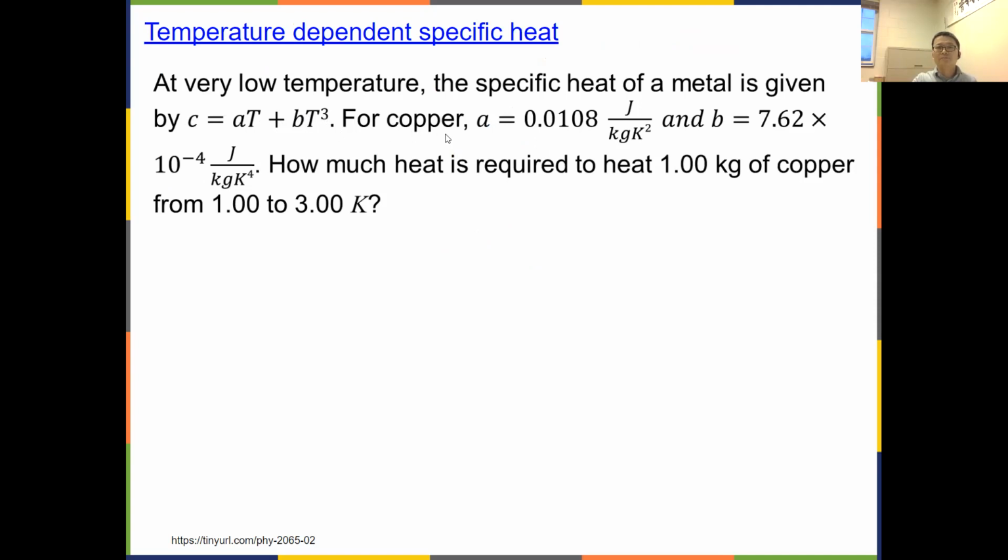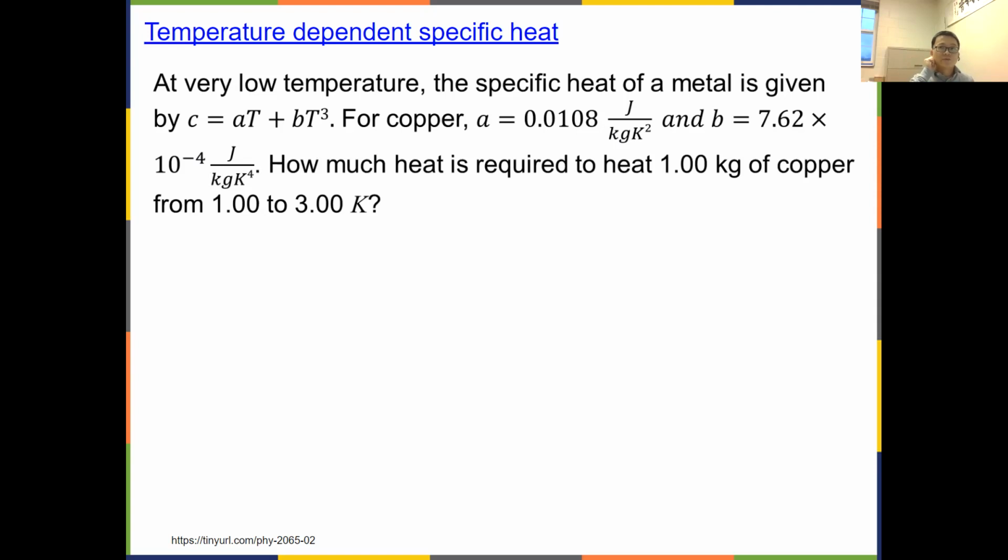For copper, A is equal to 0.0108 joules over kilogram Kelvin squared, and B is equal to 7.62 times 10 to the minus 4 joules over kilogram Kelvin to the fourth. How much heat is required to heat 1 kilogram of copper from 1.00 to 3.00 Kelvin? That's a very low temperature, okay?